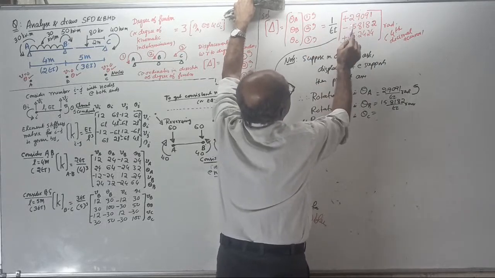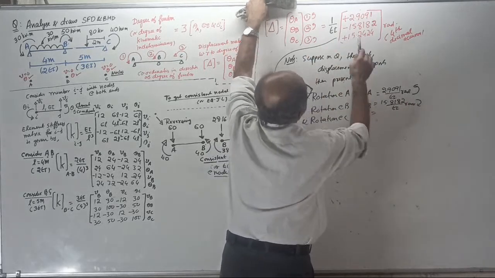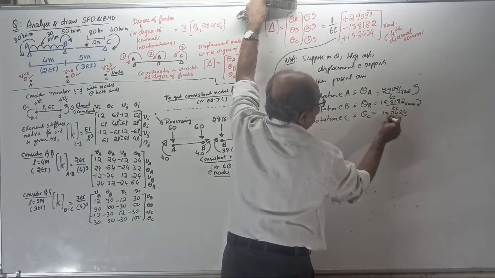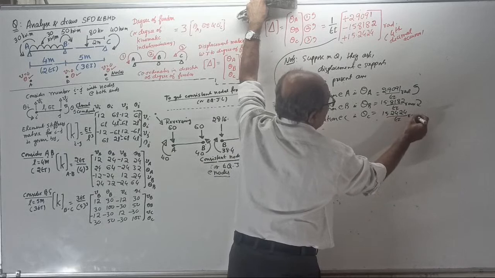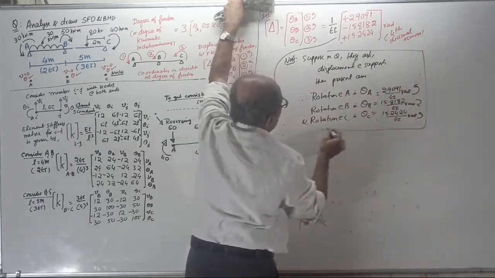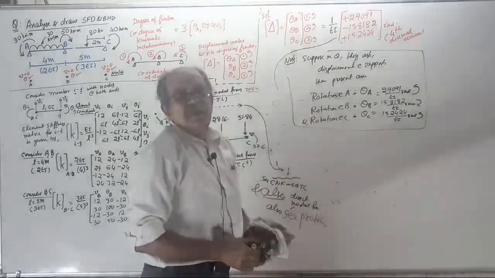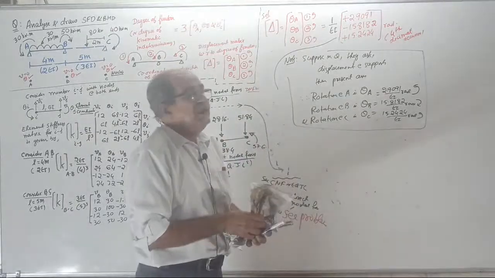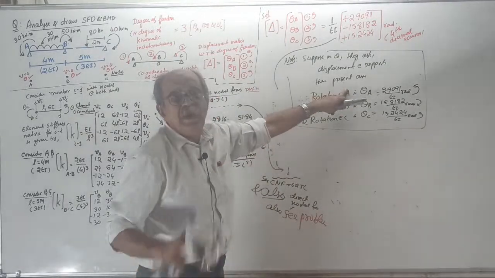Anti-clockwise positive, negative came, so clockwise. 15.2424 by EI radian anti-clockwise. Only if they ask in the question. If the question is to draw the sub-BMD, go to the next step. This is only if required.